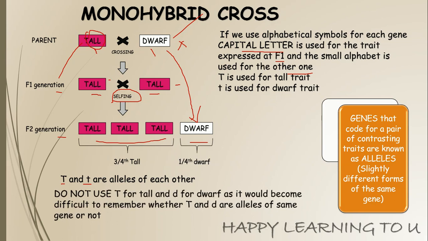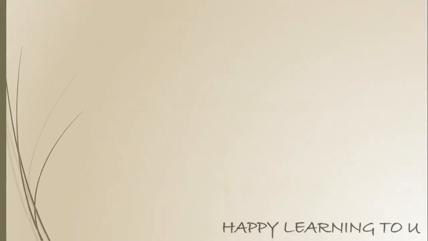Now, what Mendel suggested was not to use a capital T for tall and a small d for dwarf, considering the first alphabet of each of these, because then it would be difficult to remember whether this T and D are alleles of the same gene or not. So for better understanding of the alleles, he suggested to use a capital and small letter of the same alphabet. Okay, next.